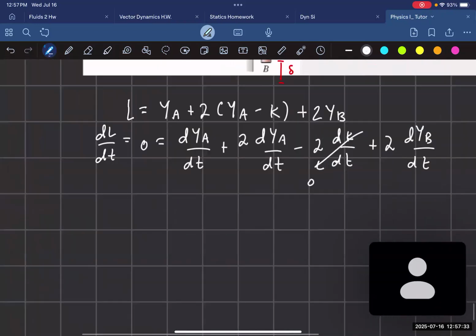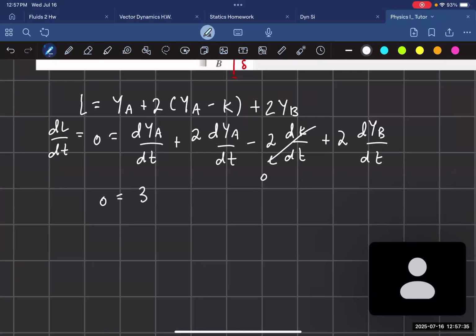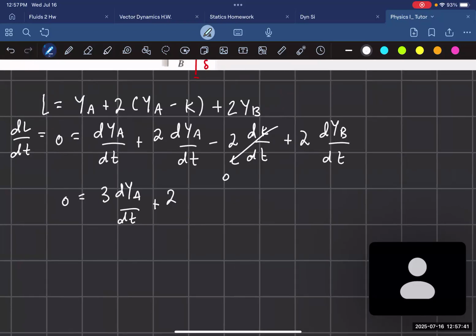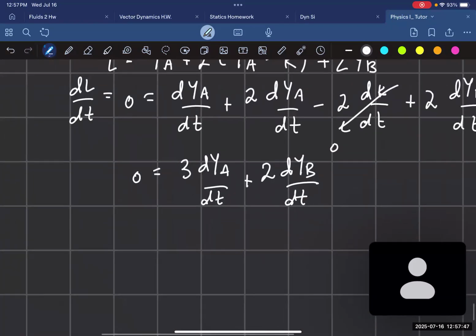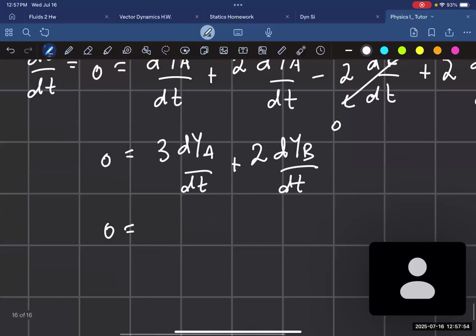Grouping the like terms together, we get 3 dYA/dt plus 2 dYB/dt, right? And now the change in the position of A with respect to time is just the velocity.